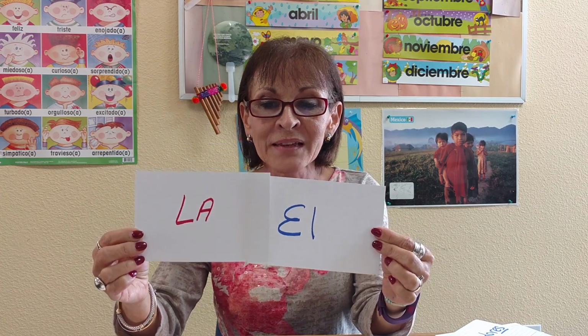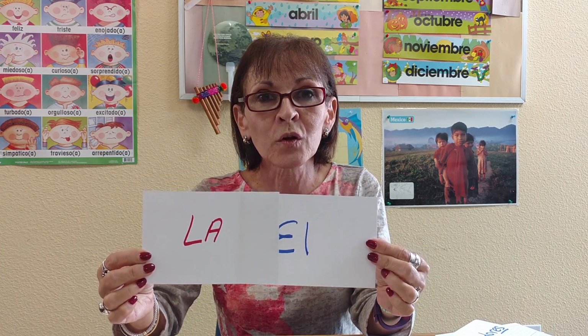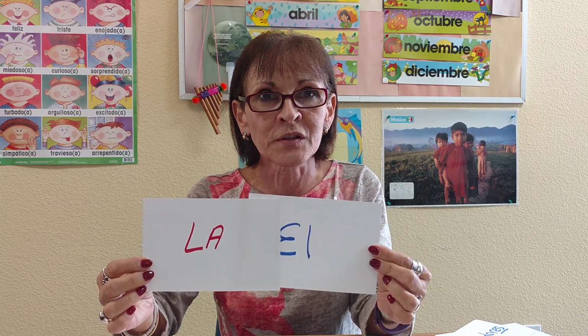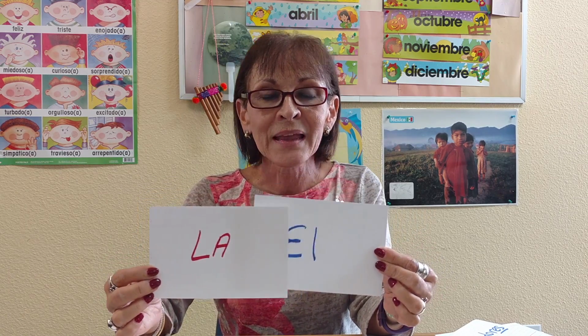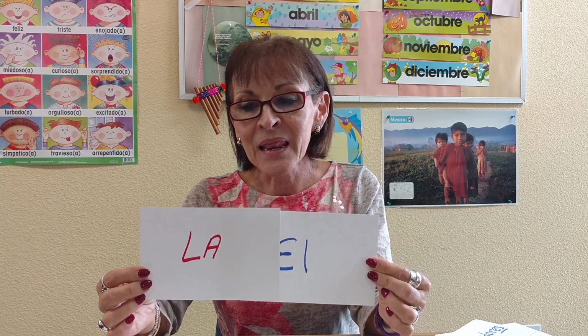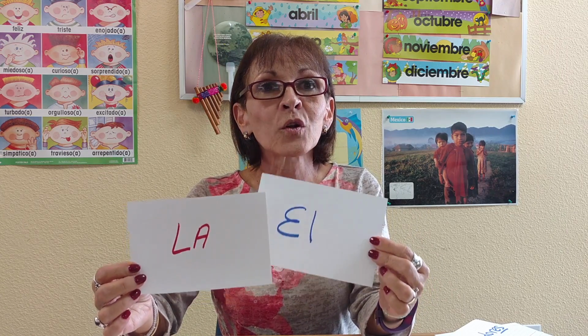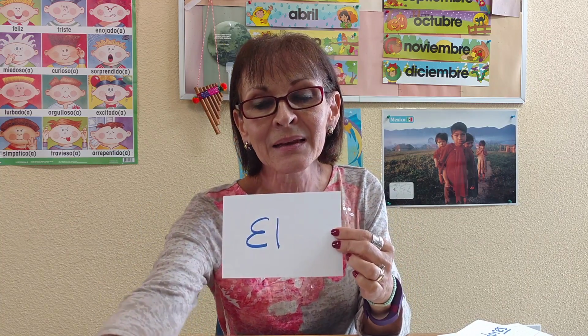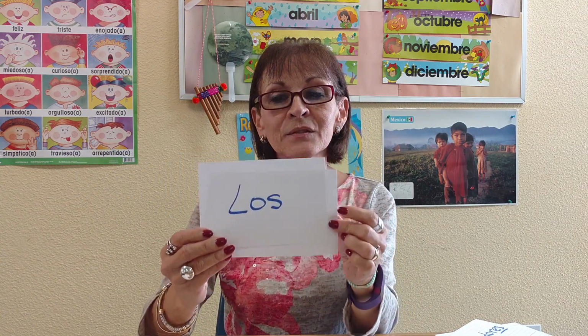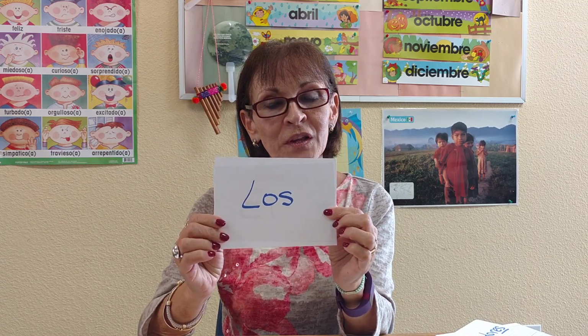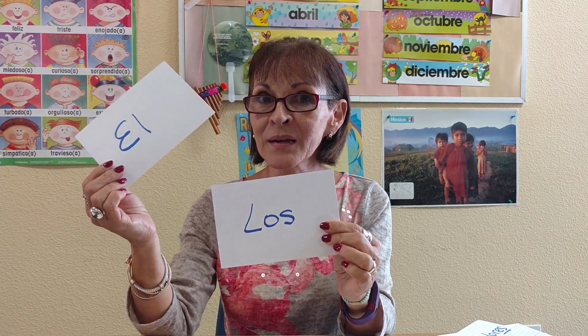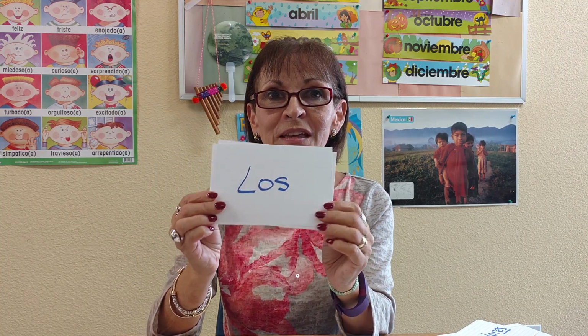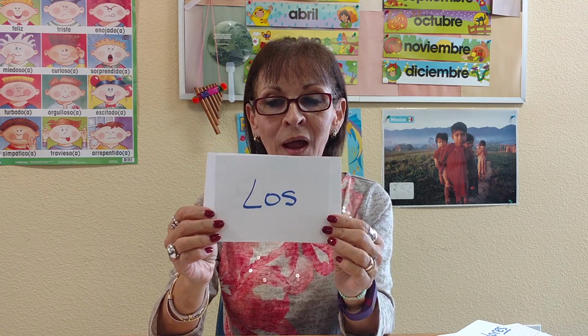And more than recognizing these two words, we're going to work also with the plural of these words. So we already learned el lápiz, la regla. Now we're going to make these words plural. So the plural of el is going to turn into los. El means one item. Los is going to be more than one.